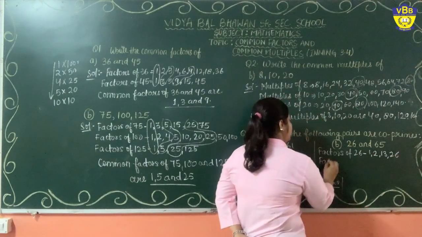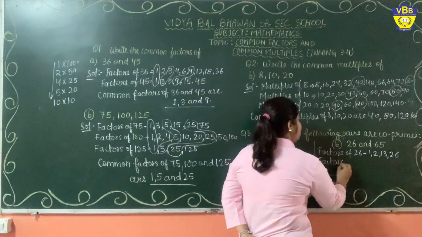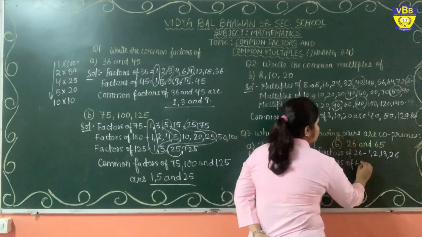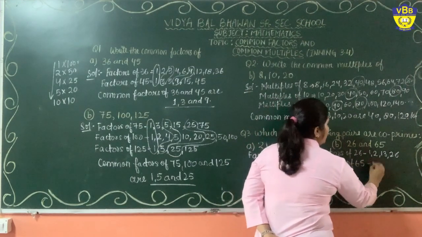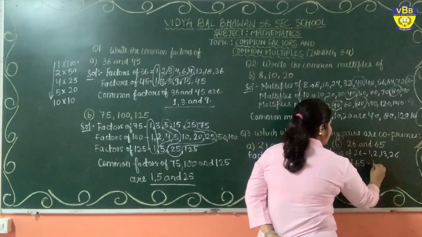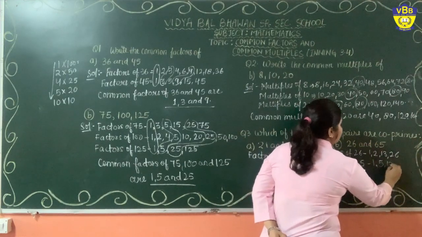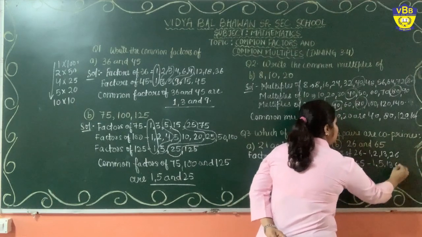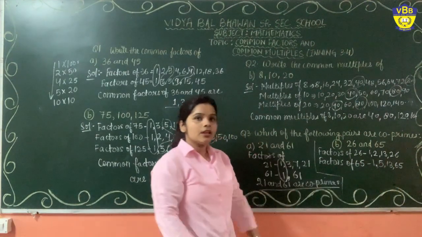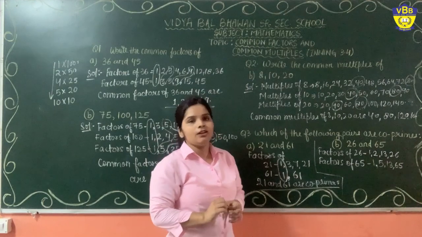Then list the factors of 65. Factors of 65 are 1, then 5, then 13, and last one 65.